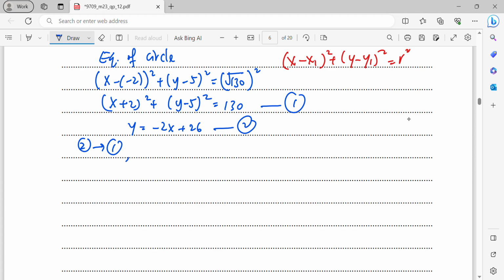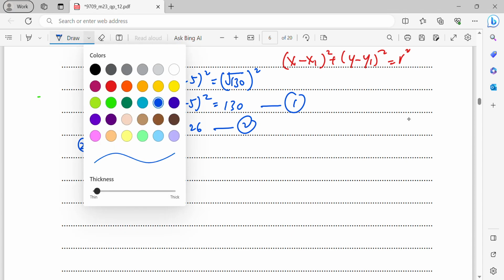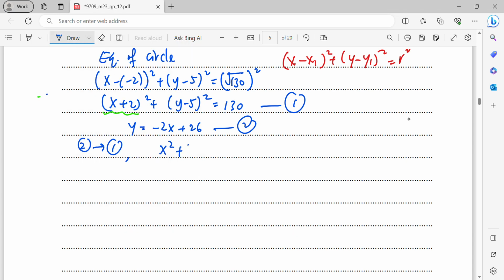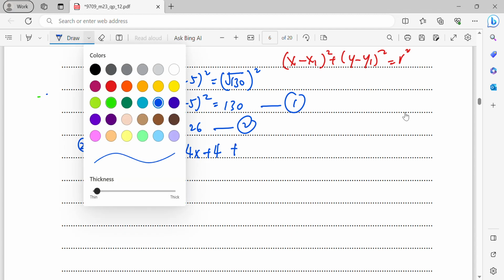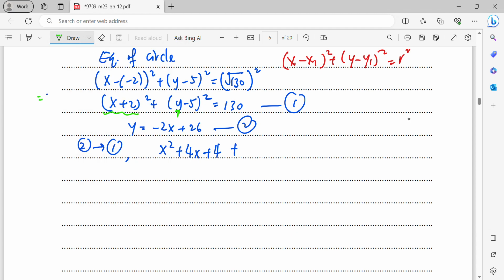At the same time, my first equation has the square of x plus 2, so I will do the expansion for this. Then you will get x squared plus 4x plus 4, then plus, replace the y in (y minus 5) squared by negative 2x plus 26.